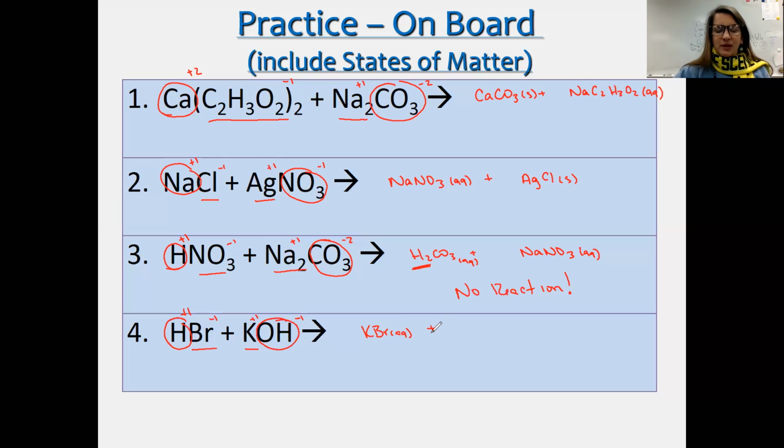Now here, please, please, please don't put HOH. People always put HOH because you have a hydrogen ion and a hydroxide ion. Well, what's HOH? When you look at that, what has 2 hydrogens and an oxygen? Yeah, water. So that actually makes water, which we know is a liquid. And since it's making water, the reaction actually would occur.